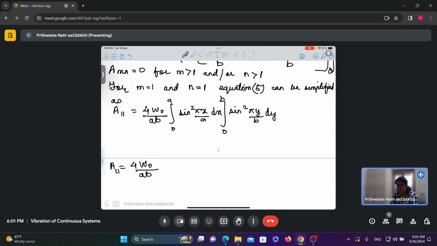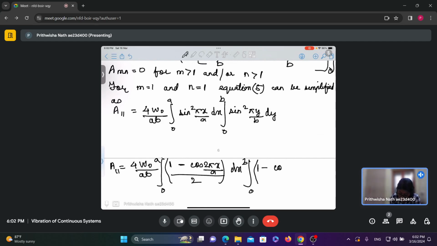How can I write sine square pi x by a? It can be written as 1 minus cos of 2 pi x by a, divided by 2, integrated from 0 to a dx, again for y from 0 to b, 1 minus cos 2 pi y by b divided by 2 into dy.